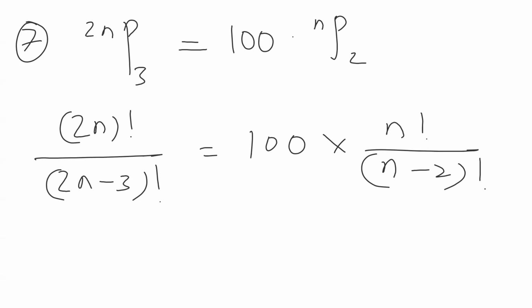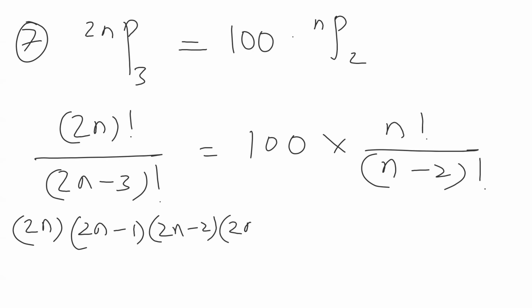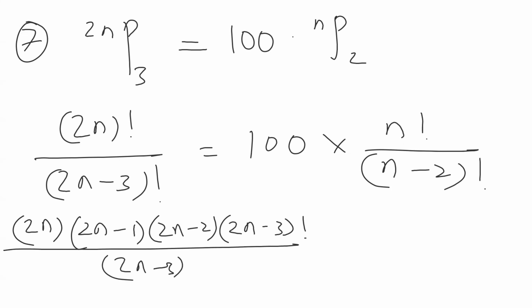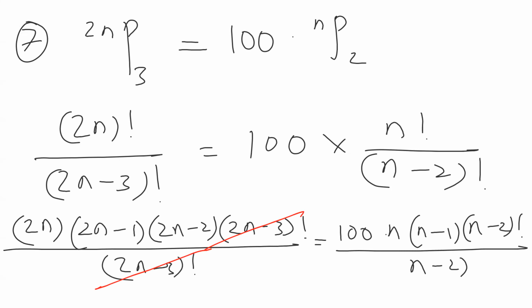So I'll reduce this 2n to 2n minus 3. The first term of 2n is 2n, the previous term is 2n minus 1, I'll go up to 2n minus 3 factorial upon 2n minus 3 factorial. Cancellation. On the right side, n will be reduced to n minus 2 because n is the bigger term: n, n minus 1, n minus 2 factorial upon n minus 2 factorial.